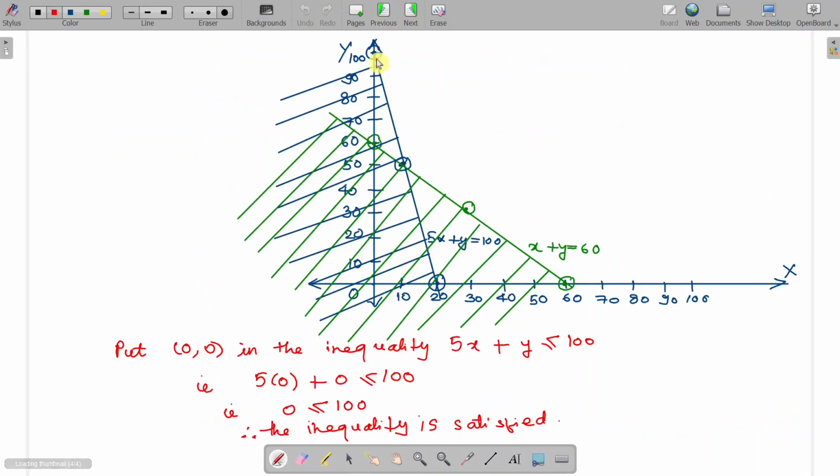So x equal to 0 is the y axis here, right? So 10, 10 is here, right? So that means the solution region will be like this. Okay, here is the solution region.